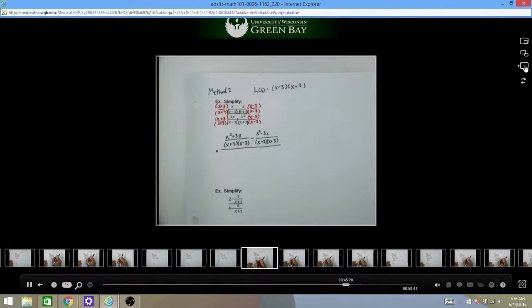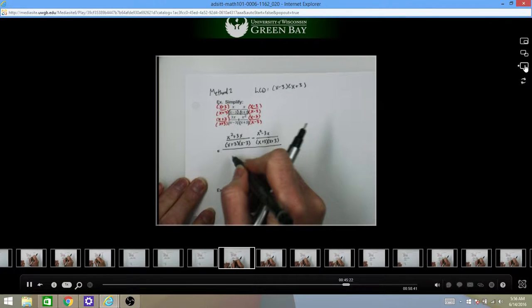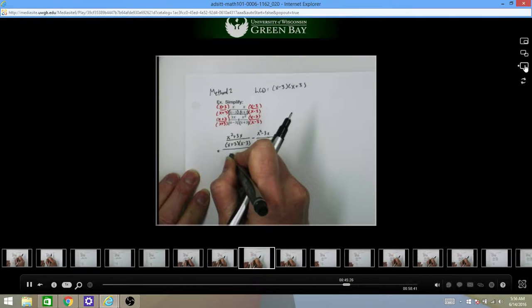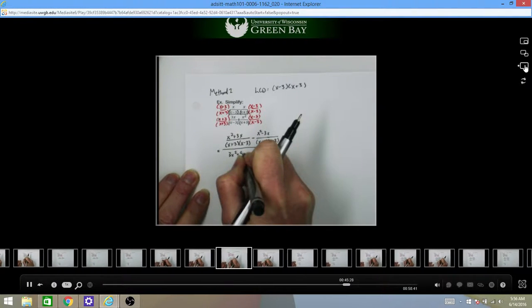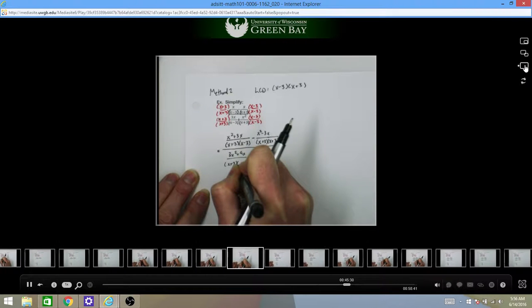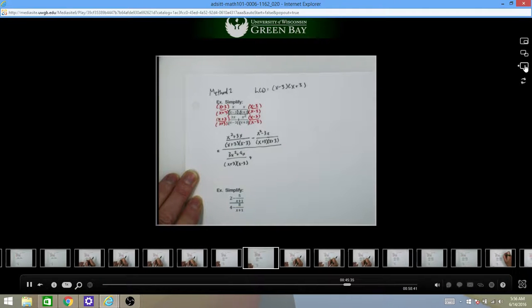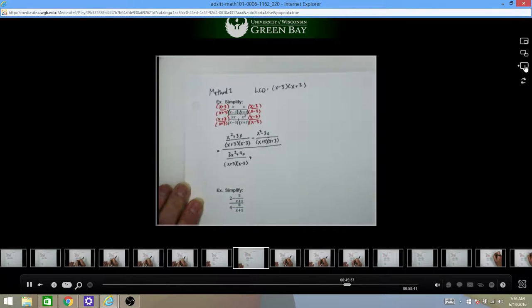In the denominator, distributing 3x, that gives us 3x squared plus 9x. And in the second fraction, we get x cubed minus 3x squared.